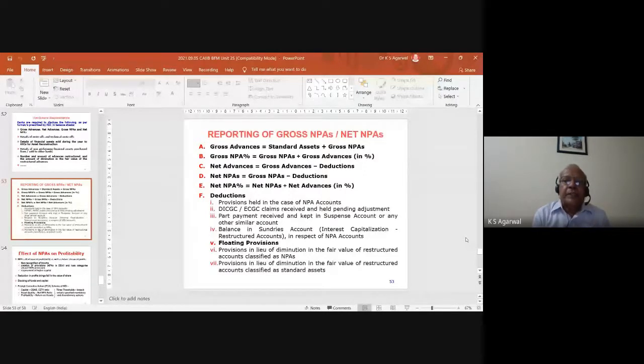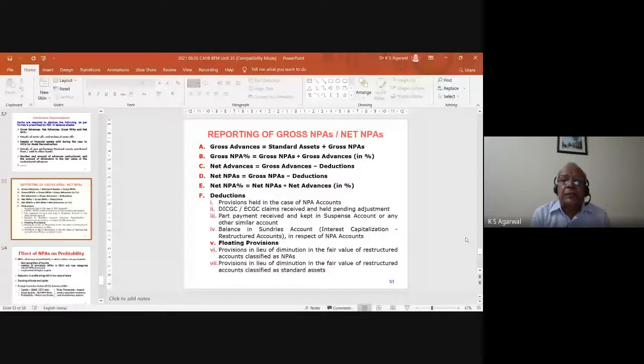So to arrive at net advances, I have to make deductions in gross advances. Then net NPAs are gross NPAs minus deductions. Net advances are gross advances minus deductions. Net NPA percentage is net NPA divided by net advances in percentage terms.